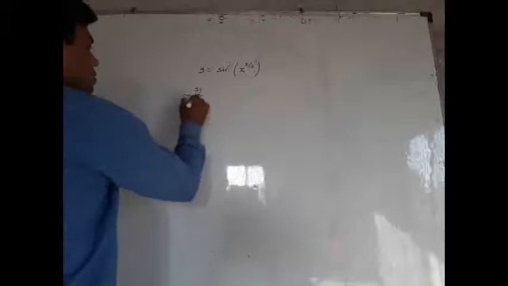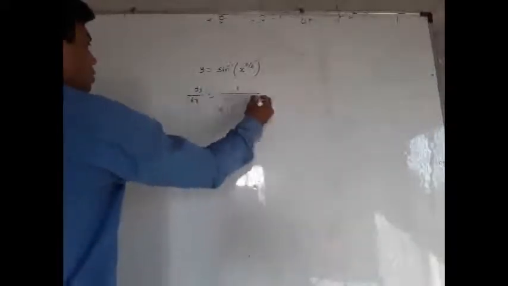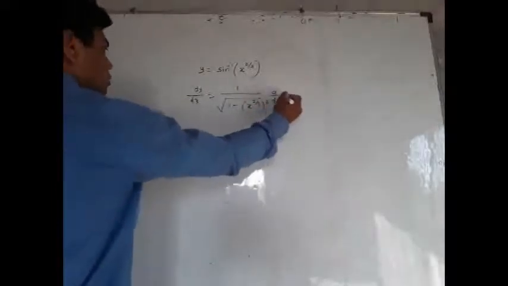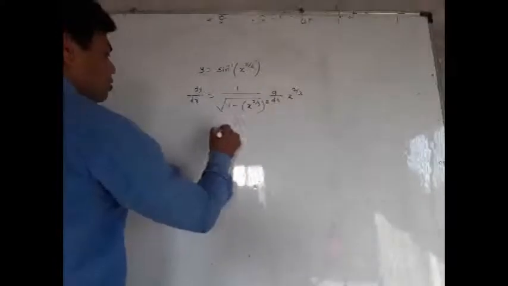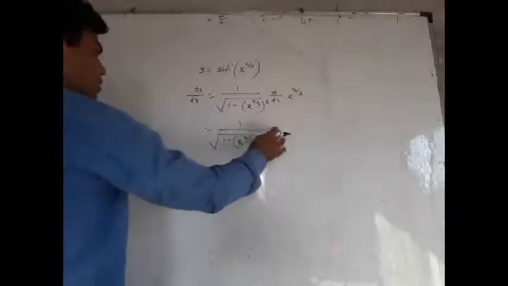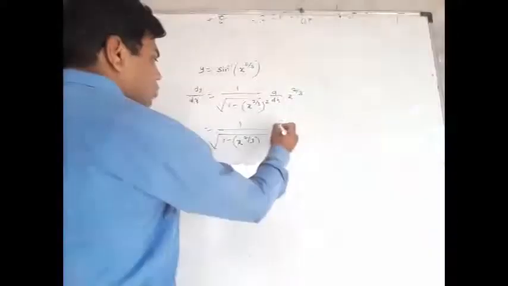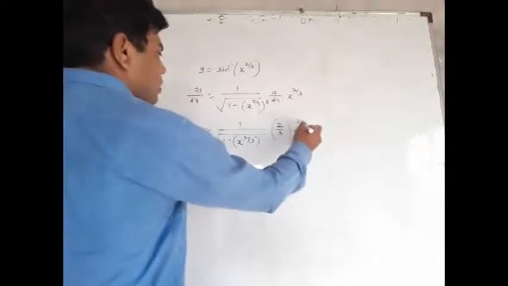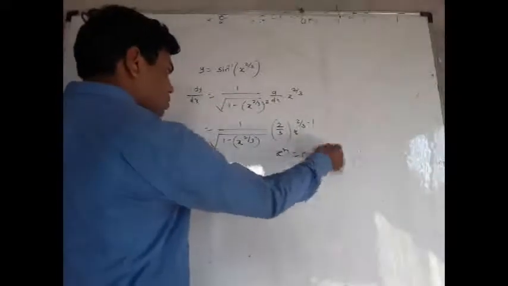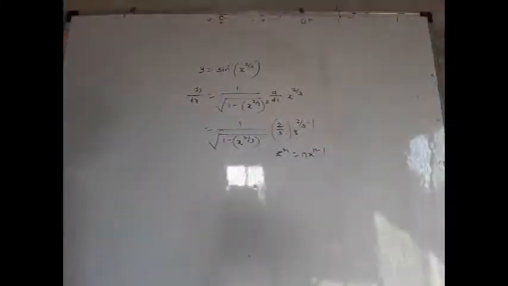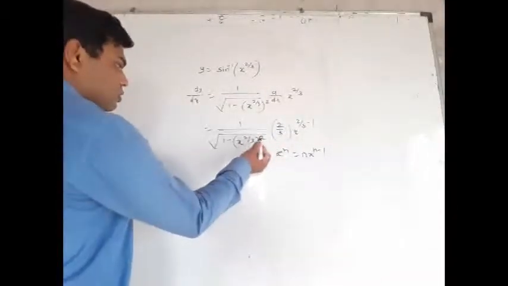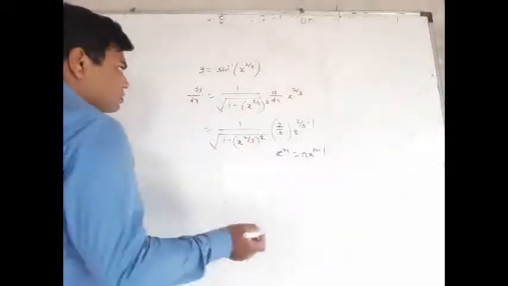Getting dy by dx, 1 upon under root of 1 minus x square, into d dx of x raised to 2 by 3. That is 1 upon under root of 1 minus x raised to 2 by 3, and d dx of x raised to 2 by 3 is 2 by 3 x raised to 2 by 3 minus 1. Here you use the x raised to n formula, n x raised to n minus 1. Okay.